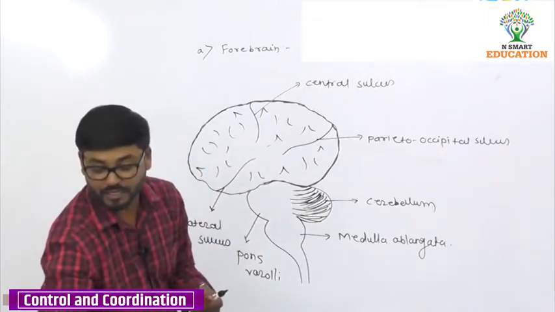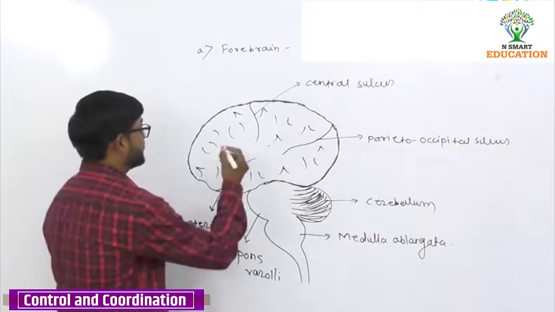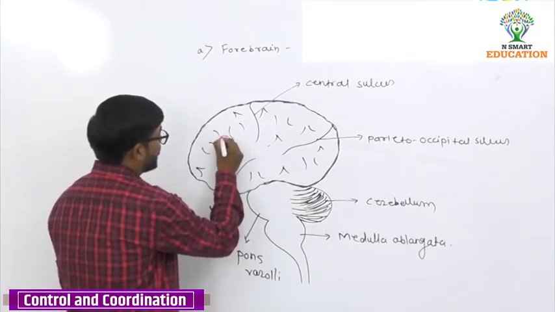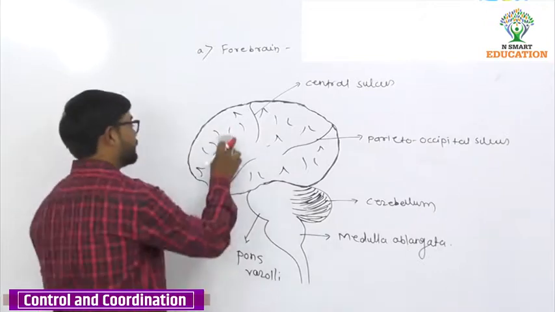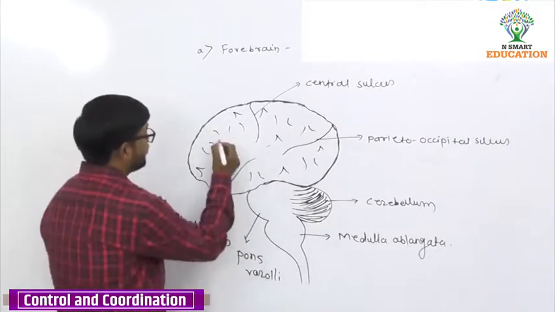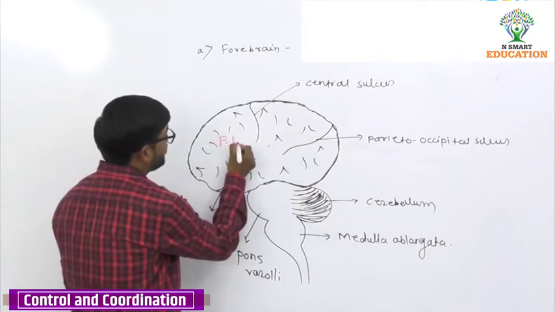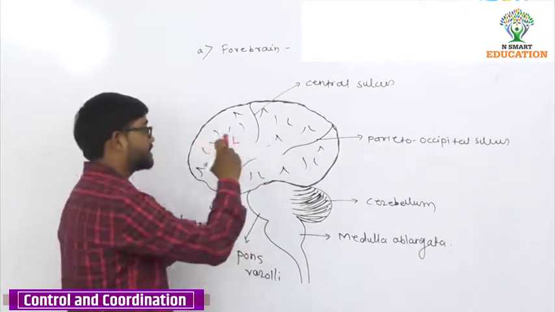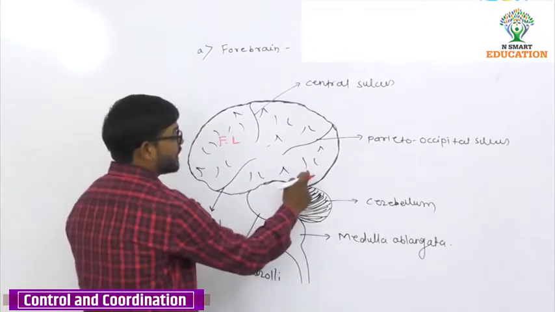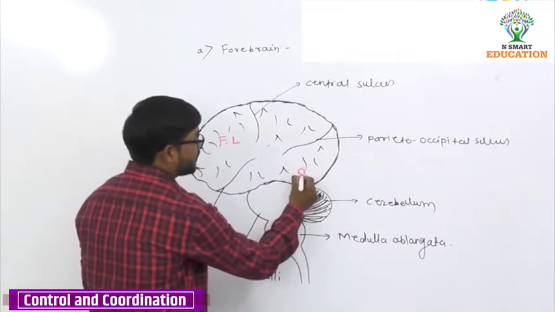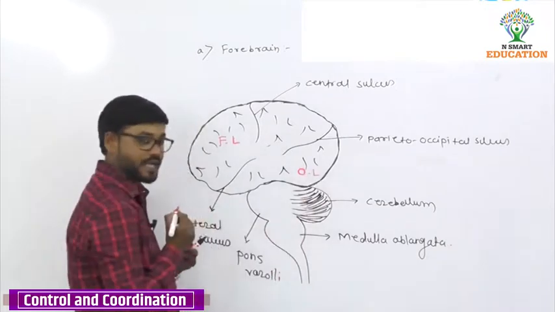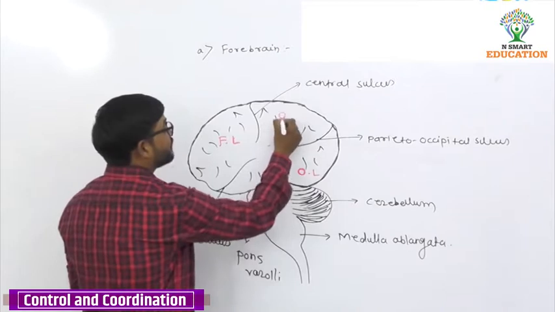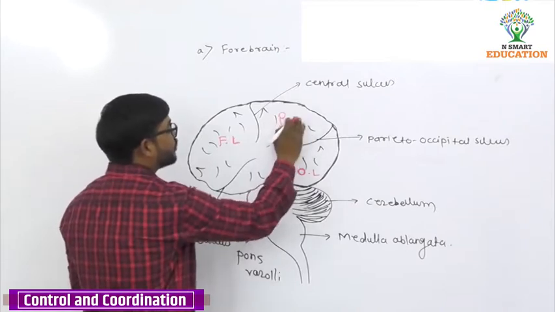One more very important thing: I'll show it in another color. Here is the frontal lobe, because it is on the front side. This is called the occipital lobe. This lobe is called the parietal lobe.